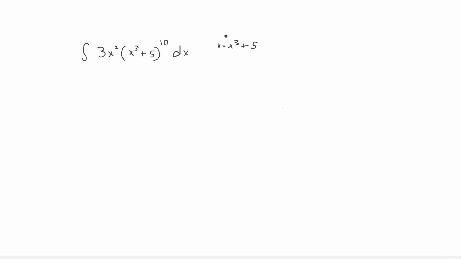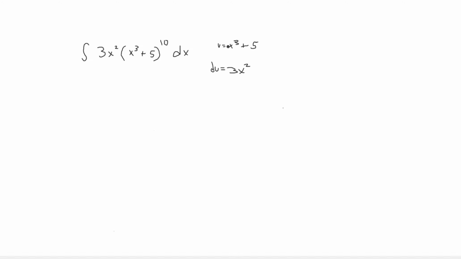And now what we're going to do is take the derivative of both sides. And so what we end up getting is du, right? Because the derivative of u would be 1, and then that would be times the derivative constant. And so that would equal 3x squared, right?